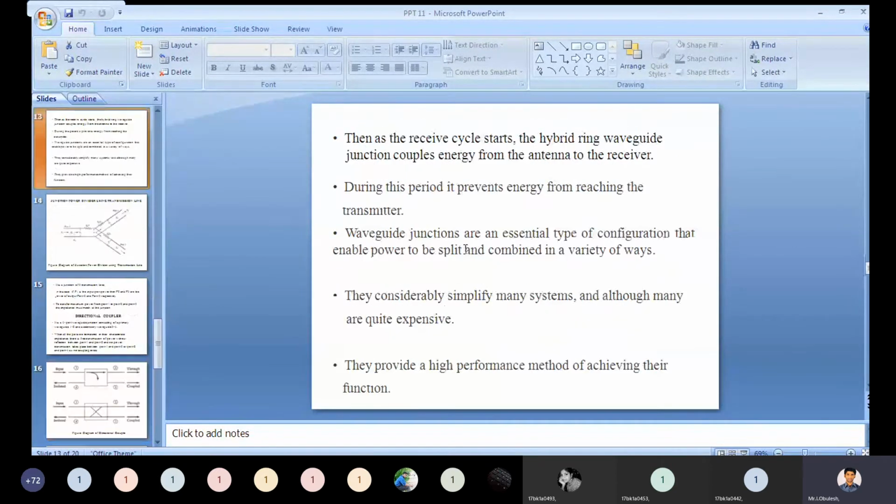Then, as the receiver cycle starts, the hybrid ring waveguide junction couples the energy from the antenna to the receiver.